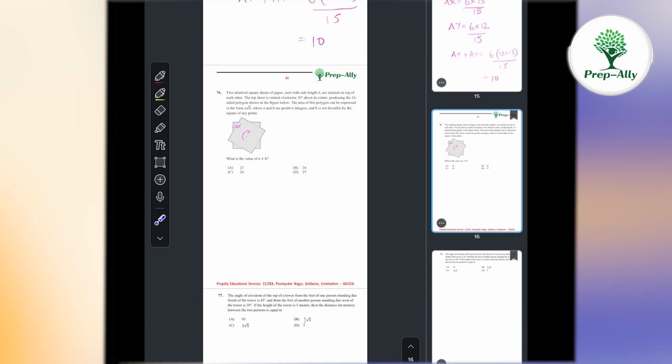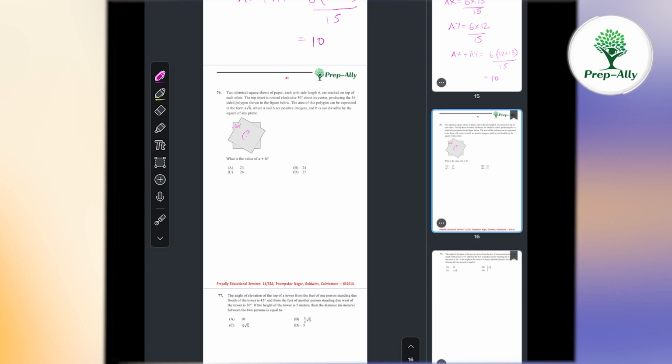So these triangles are all identical, right? So they all have the same area, and the remaining area is just the area of the square, right?